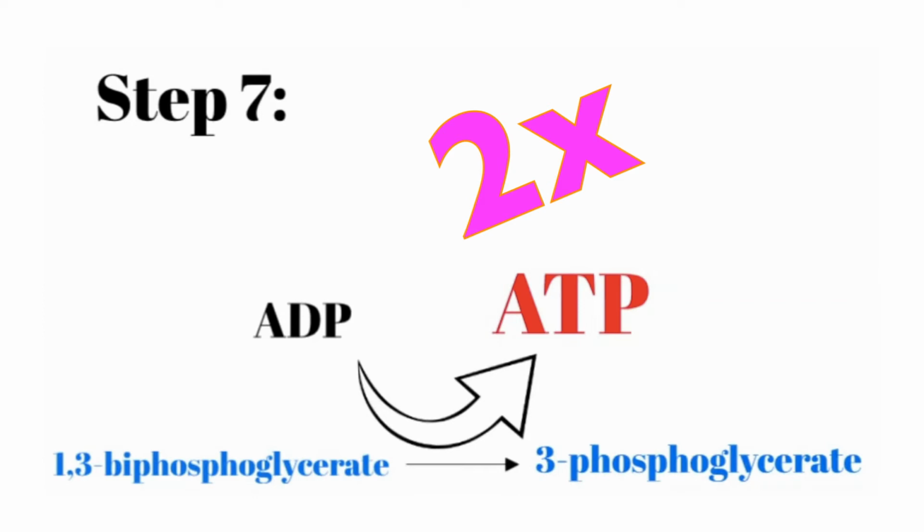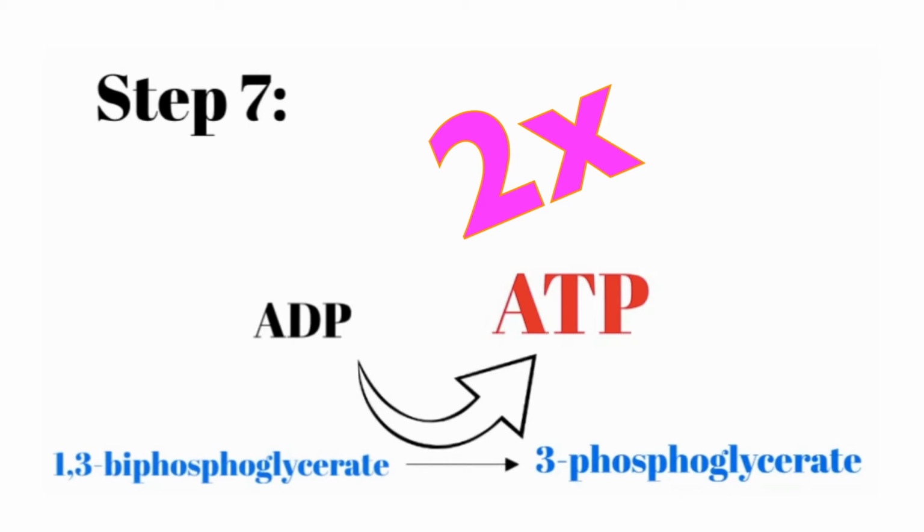So in step 7, 1,3-biphosphoglycerate is converted to 3-phosphoglycerate. That is to say, biphosphoglycerate is giving up one of its phosphates and adding it to ADP. I should add that all of these steps are aided by enzymes.